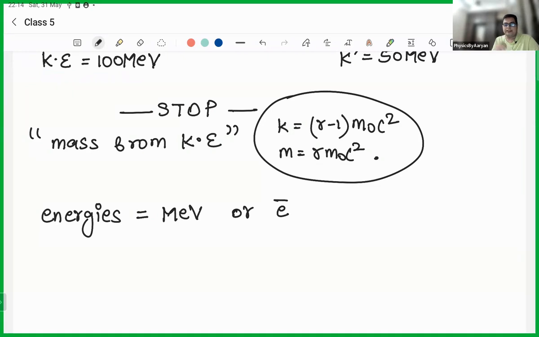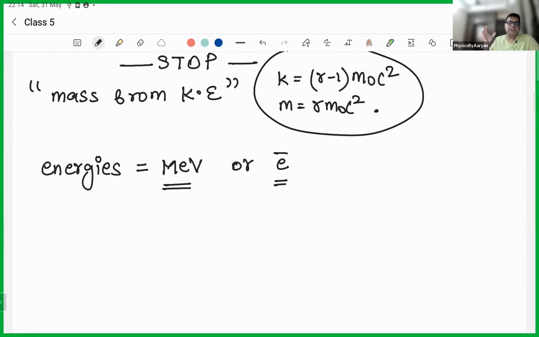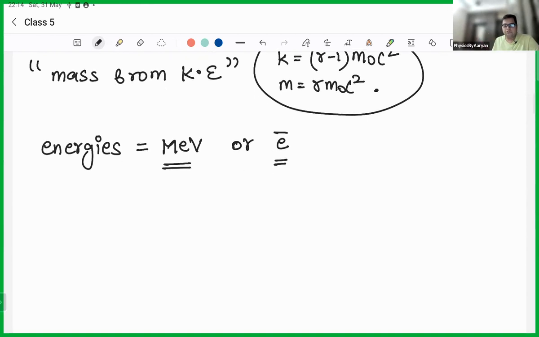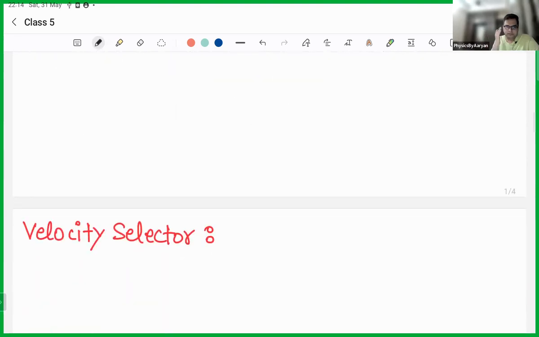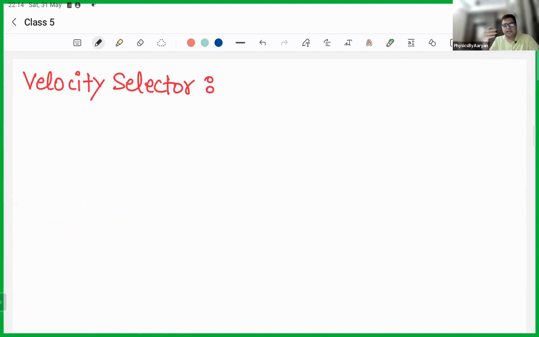But since the electron is a very, very light particle, this problem will always come. So whenever you see an electron in your questions, or energies in mega electron volt, you should look at whether your energy is much greater than the mass. If it is not much greater, then it is okay. But if it is much greater, then you should definitely use relativity. Once we do relativity, you will be more comfortable with this, and by looking at the question you will see that here I have to use relativity.